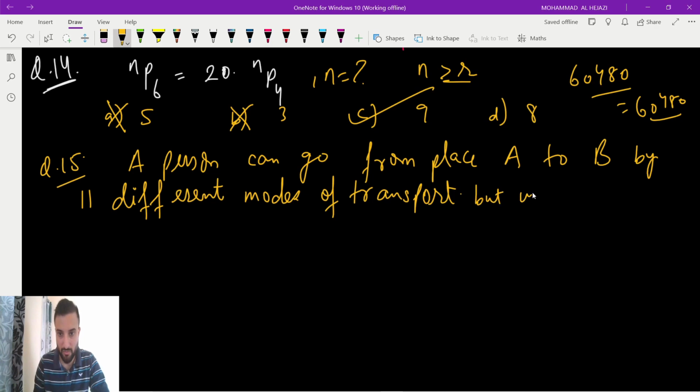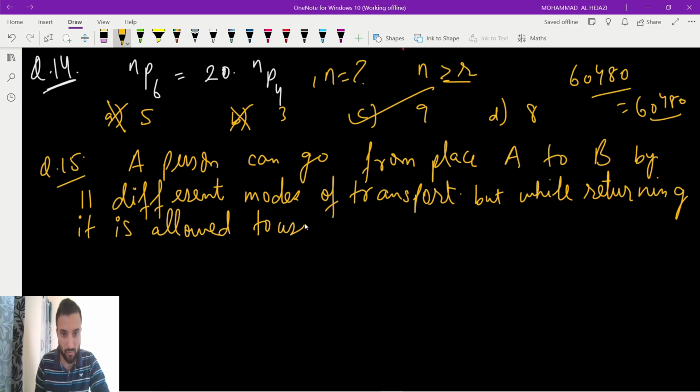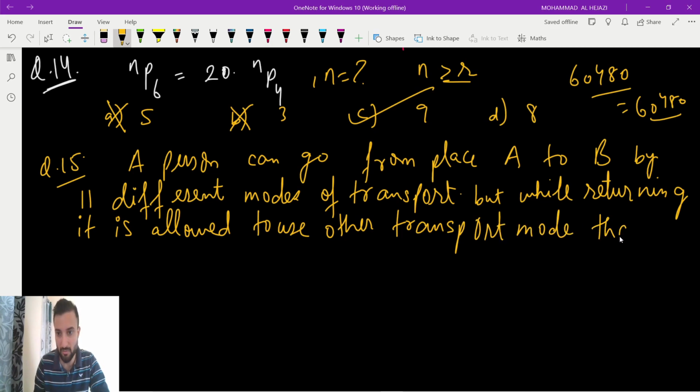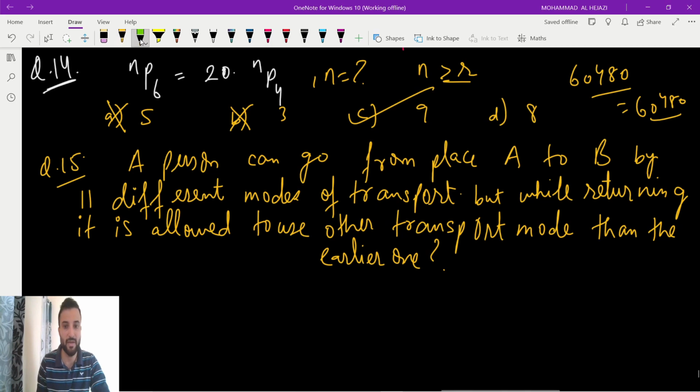But while returning it is allowed to use other transport mode than the earlier one. So we have to find the number of ways in which he can complete the journey.